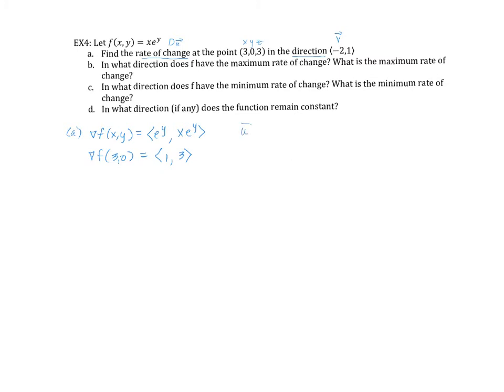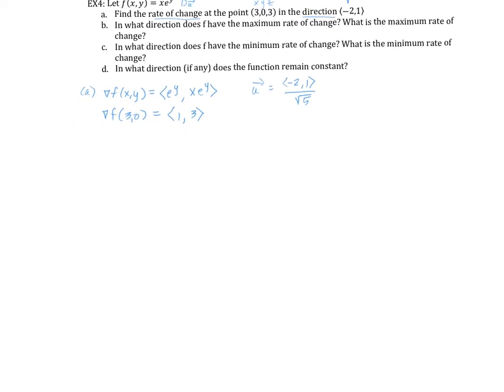I need my unit vector. So I'm going to take the vector I was given, (-2, 1), and I'm going to divide it by its magnitude, which would be the square root of 5. My directional derivative, evaluated at the point (3, 0), is simply the vector (1, 3) dotted with, I'm going to bring out the 1 over square root of 5 and ignore that.